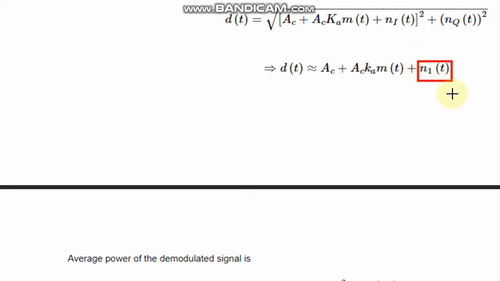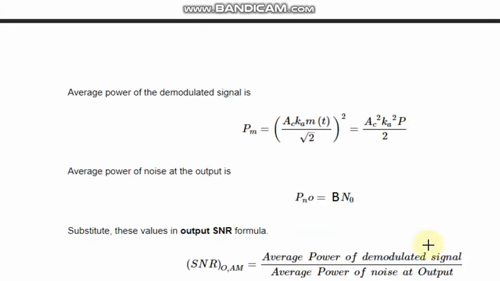N1(t) is actually the in phase component of the noise. As we found out the noise power N0, the same is happening here also, only the in phase component but having the same magnitude. Since the magnitude is the same, the average power of noise at the output will be the same as it was in the input stage.